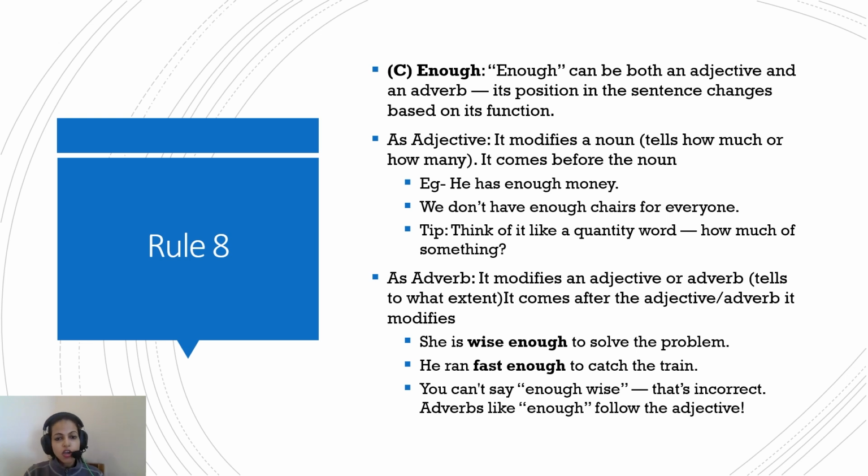You just have to see what the word is trying to modify in the statement, or which part of the statement it is trying to impact. Accordingly, it should be placed close to that one. This is one general way to go. You can't say "enough wise." The right way to go is "wise enough," after the adverb or adjective it is modifying.